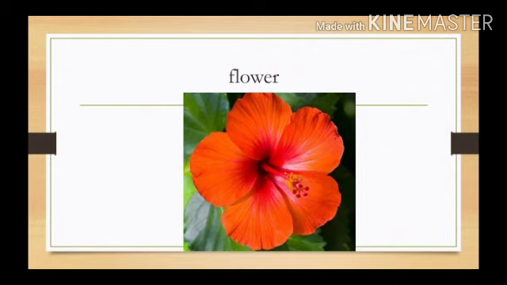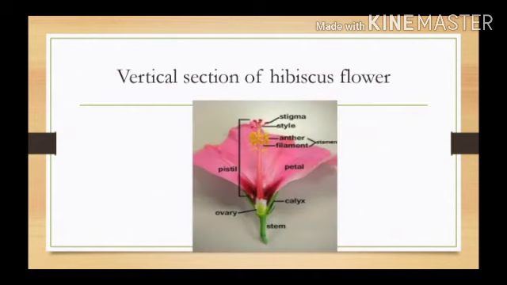Next, we learn about the flowers. As shown in figure, this is a vertical section of a hibiscus flower. Flowers may have a long or a short stalk called pedicel. One end of the pedicel is attached to the stem.